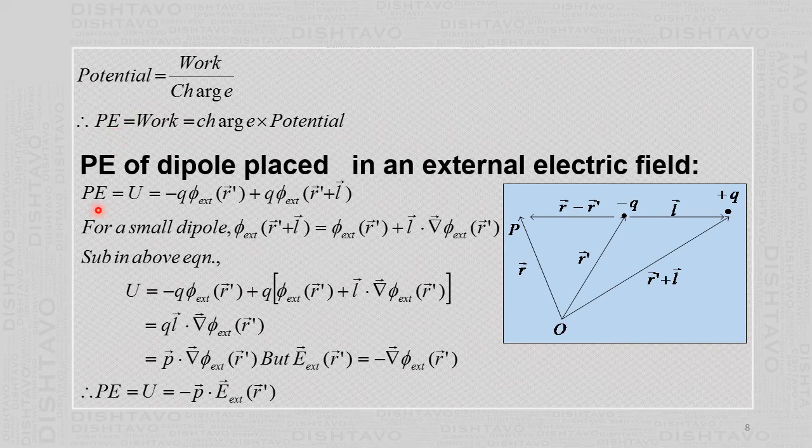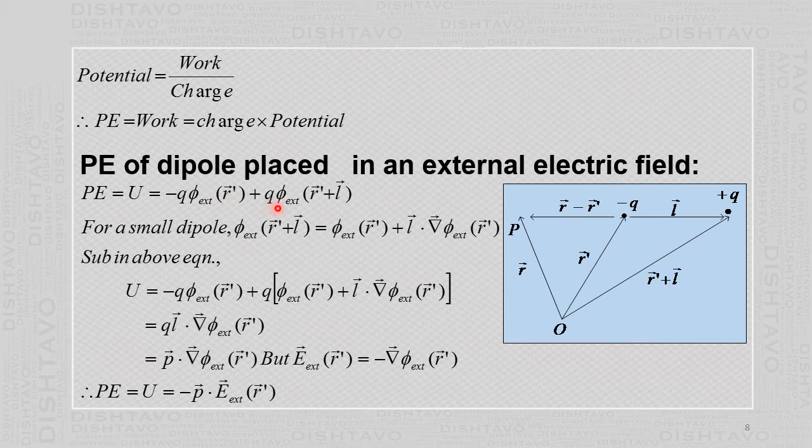So the potential energy of the dipole is the potential energy of charge minus q plus the potential energy of charge plus q. The charge is minus q, and the potential where the charge minus q is kept is phi external, because of the external field, at the position vector r dash.